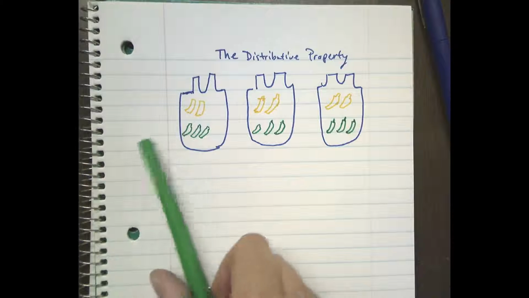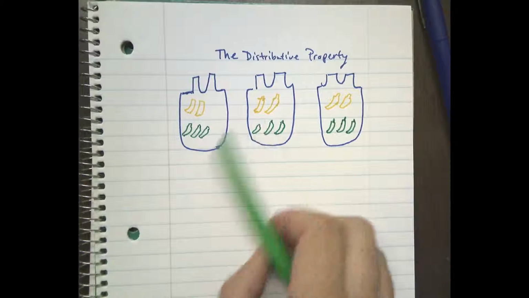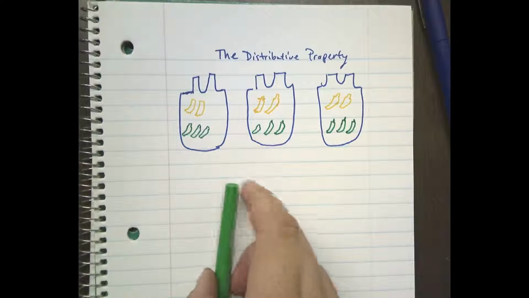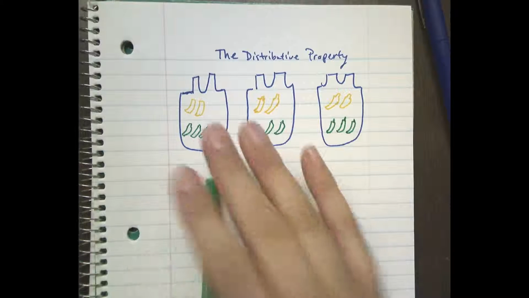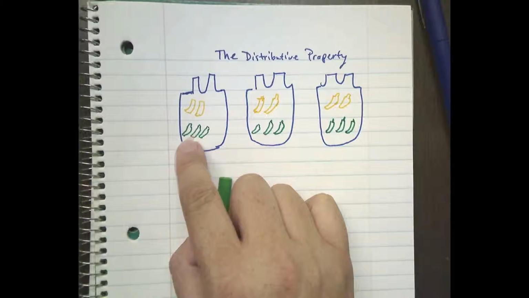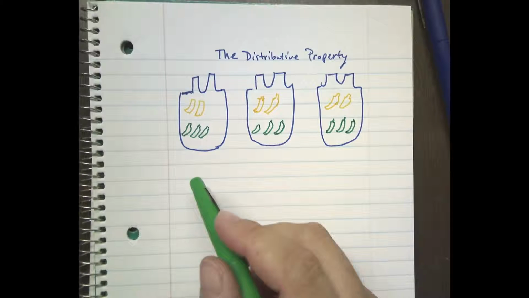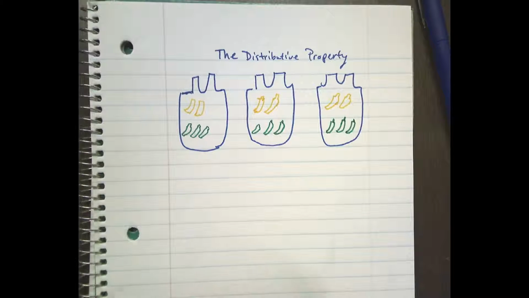I can do that a couple of ways. Let's say I told you I have 3 bags already, and each bag has the same number of bananas in it. Each bag has two yellow bananas and 3 green bananas. You could set that up in a multiplication problem.